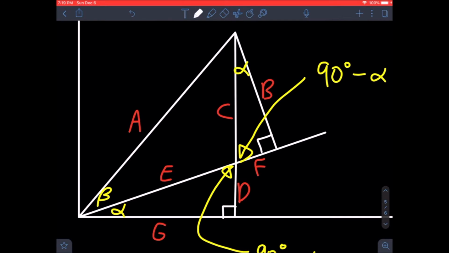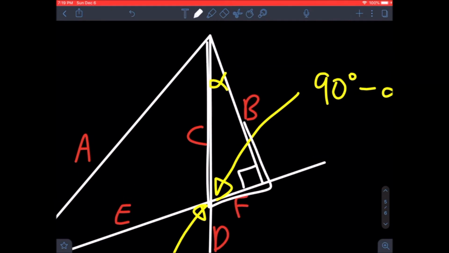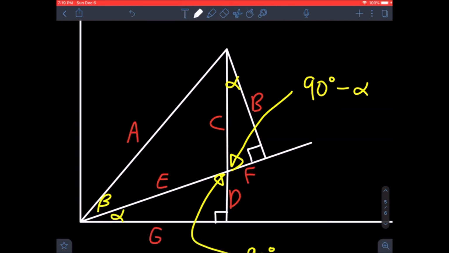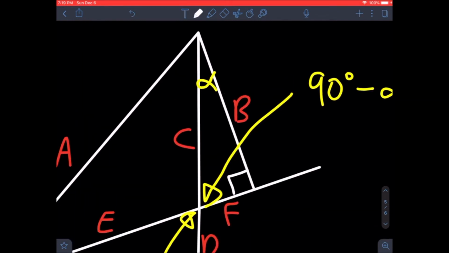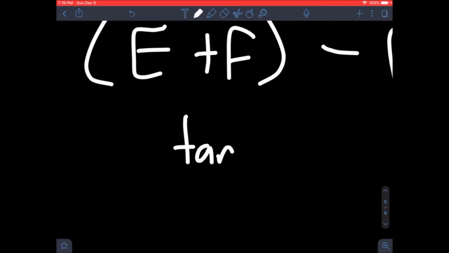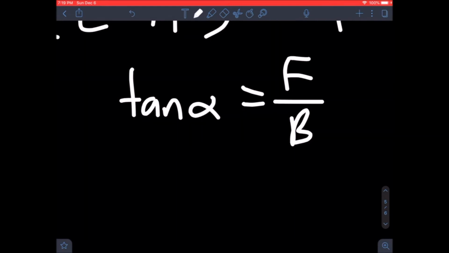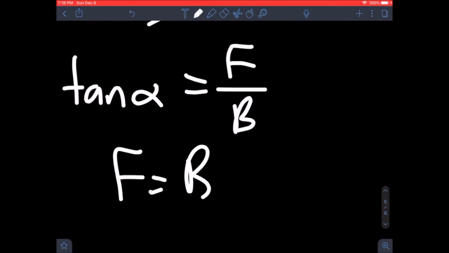So let's start out by writing F in terms of B, because F and B are part of this right triangle right here, which uses alpha. So the tan of alpha is equal to F over B.